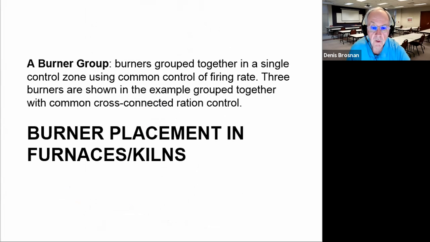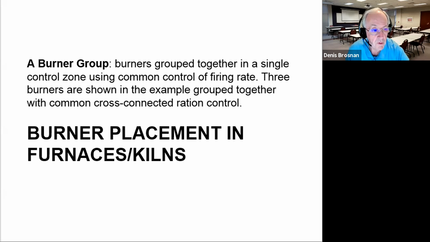Okay, so we're going to talk about burner placement in kilns, and burners are typically grouped together in kilns. They don't have to be, but the components that you've looked at, the ratio regulators and the trim valves and the shutoff valves, are all expensive. So we may place burners together in a group.